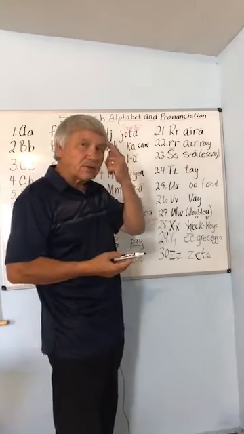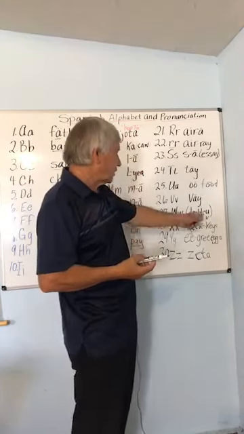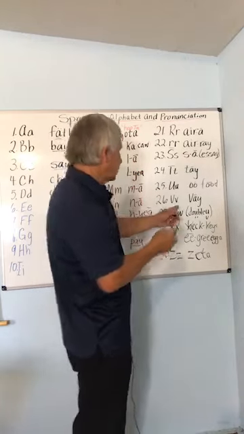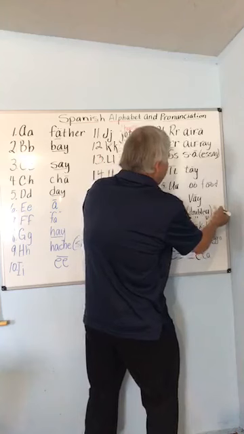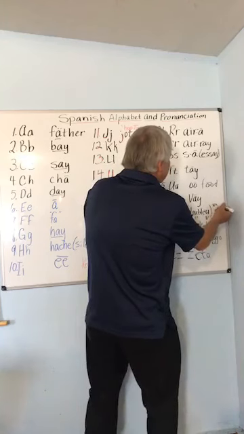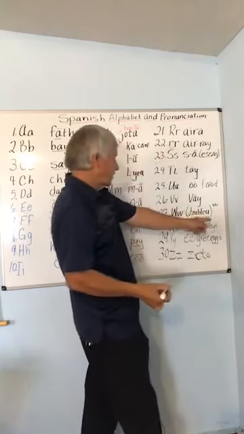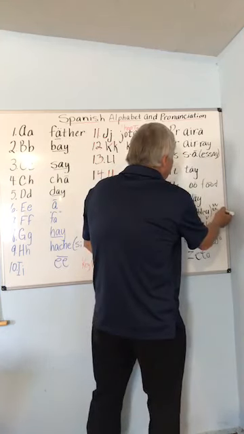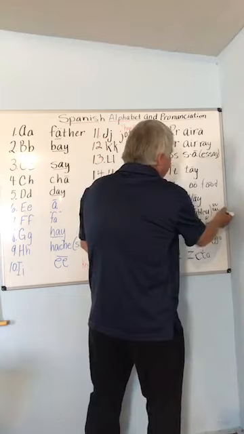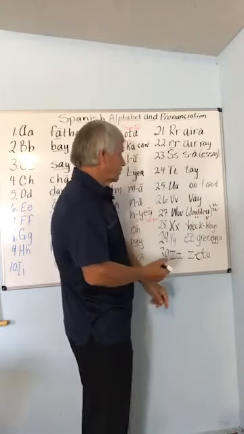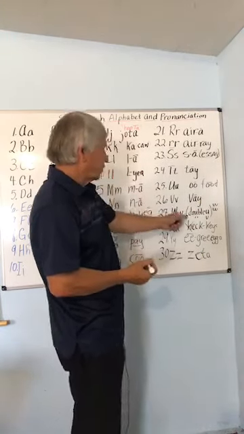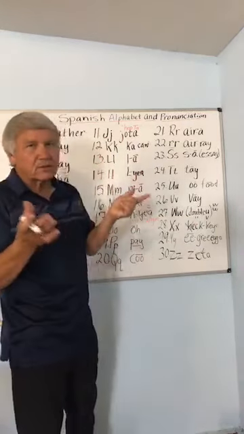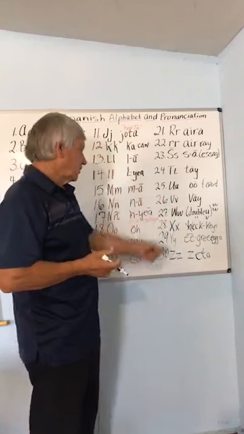27, that would be doble U or doble V. And that's actually because you get it from thinking of the two V's together. If you put two V's, that'd be doble V. If you had two U's together, that would be doble U. So doble U or doble V. That doble means double. All right.